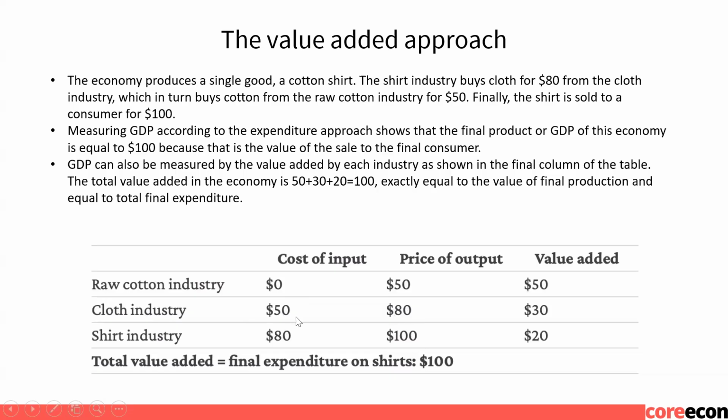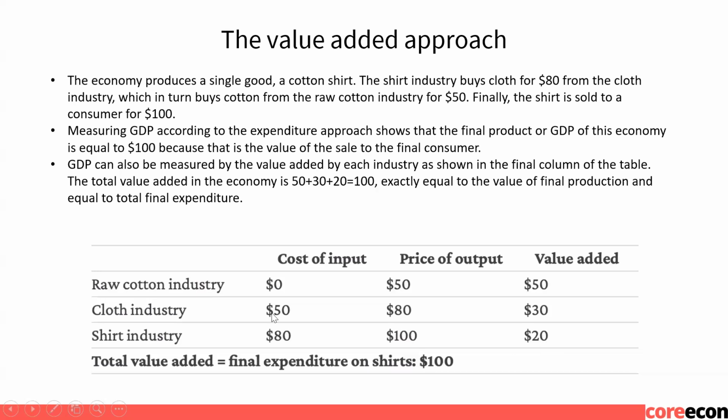So notice 80 minus 50, the cloth industry has a $30 value added. And now for $80 of cloth, the shirt industry is buying this as inputs again and turning into a shirt for $100. So how much value they added? 100 minus 80, you see 20 here.